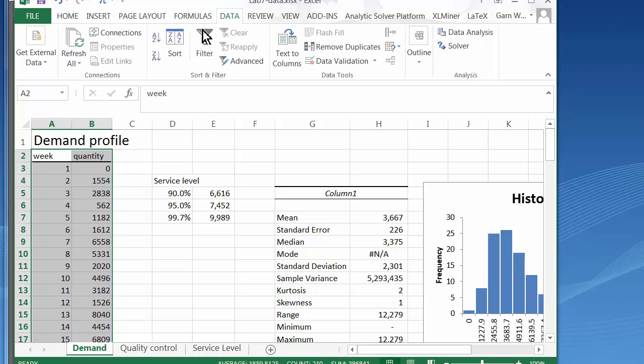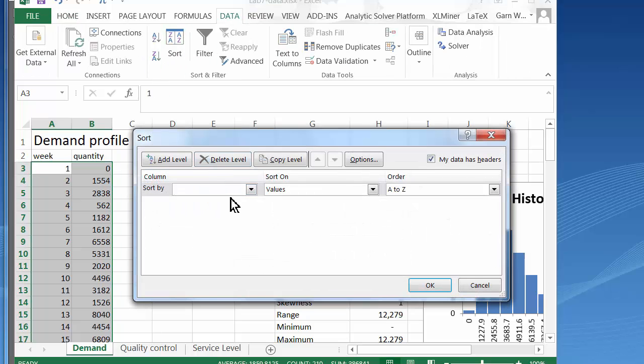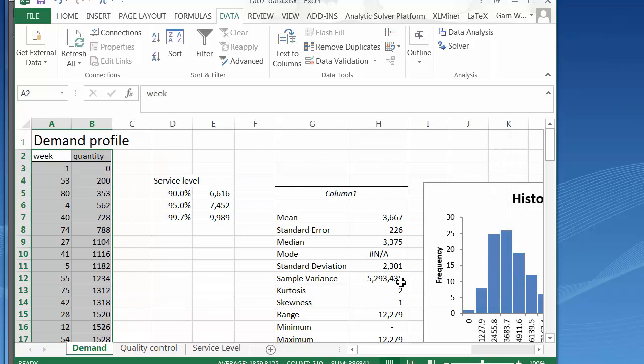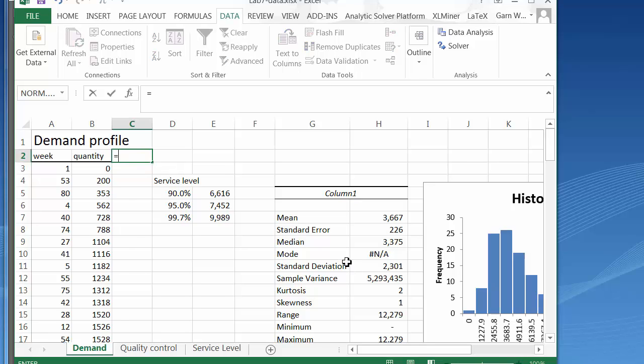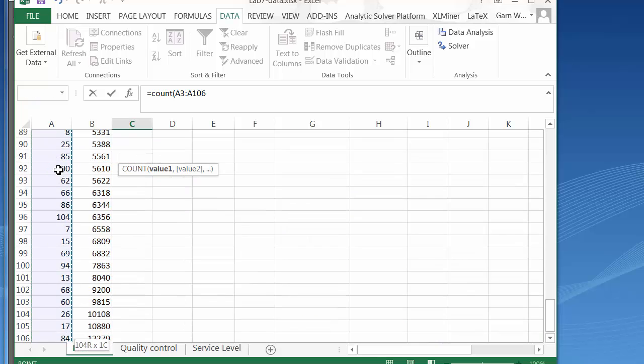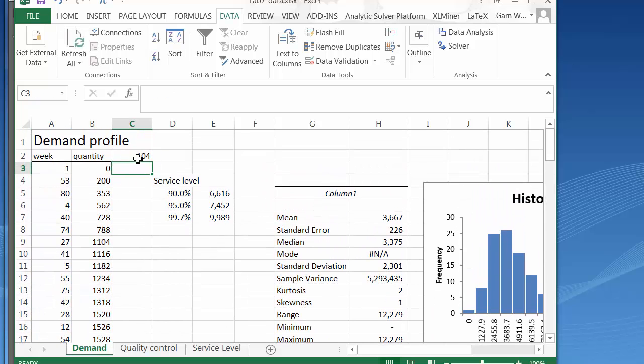So let's go to Data, Sort. We are sorting by the quantity, smallest to largest, ignoring the sequence of the weeks. However, what we need to know now is how many weeks there are. So I'll just count the weeks, and we see there are 104 weeks, so 2 years.